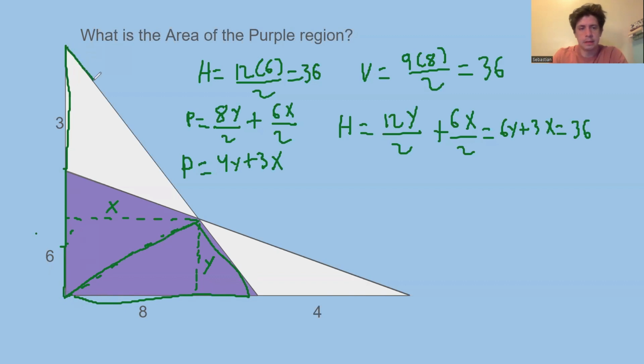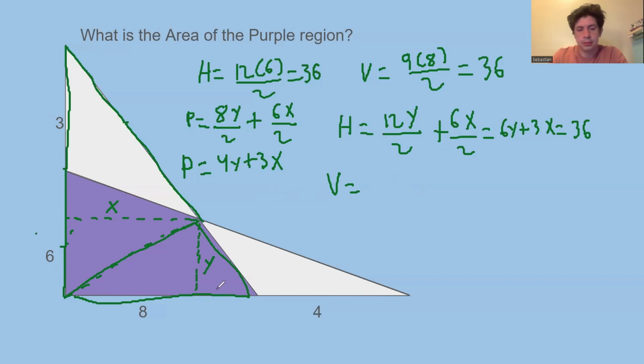So V equals 9 times x over 2, 9x over 2, plus, I'm going to do y first, actually, just because I want the y's lining up.